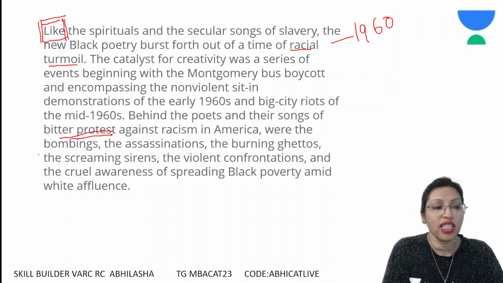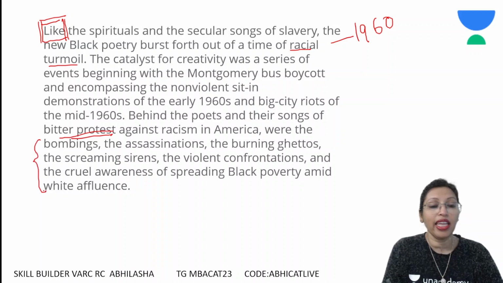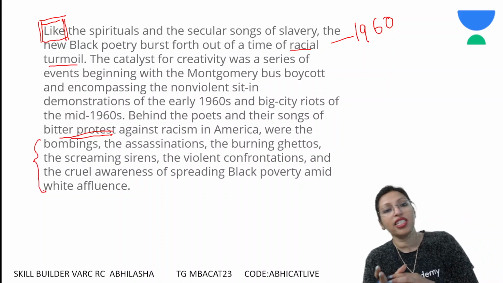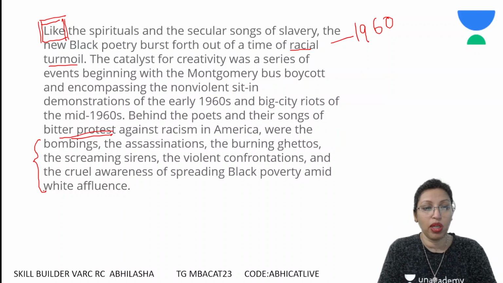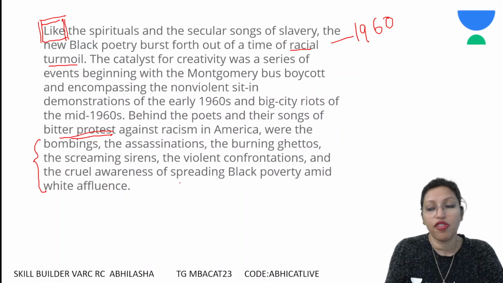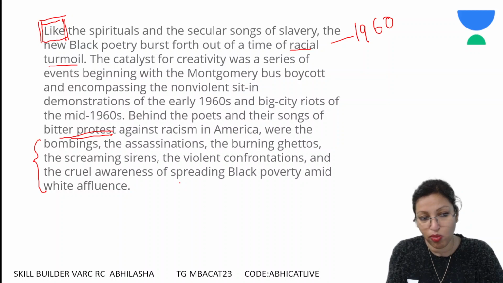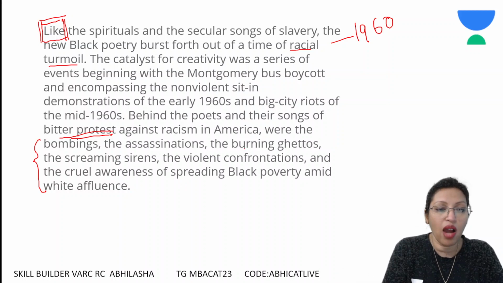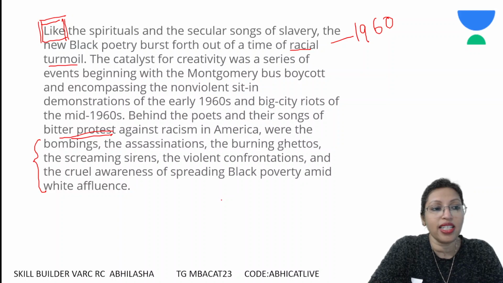Because there is a lot of crime happening, there are a lot of things happening to the black people, right? So there is a big awareness of the fact that the blacks are extremely poor, they're very harmed, there are problems going on, and there are huge differences. So this now tells us why this black poetry has come.